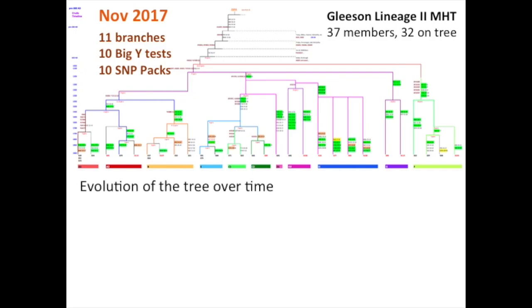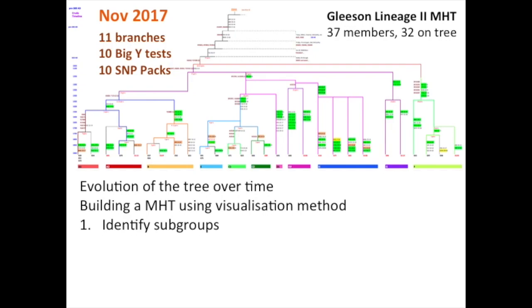But what we're going to do today is look at the evolution of the tree over time, building a mutation history tree using the visualization method that I employed, which is very much a hands-on approach. To do this visualization method and build the tree, the first step is to identify the subgroups within the overall genetic group.